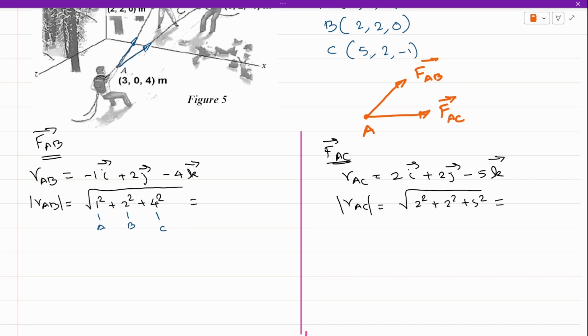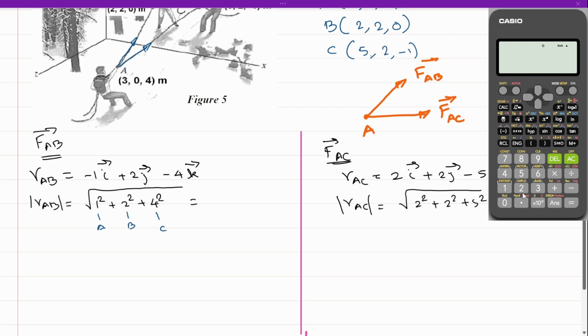Let us type this in our calculator as root of alpha A square plus alpha B square plus alpha C square.